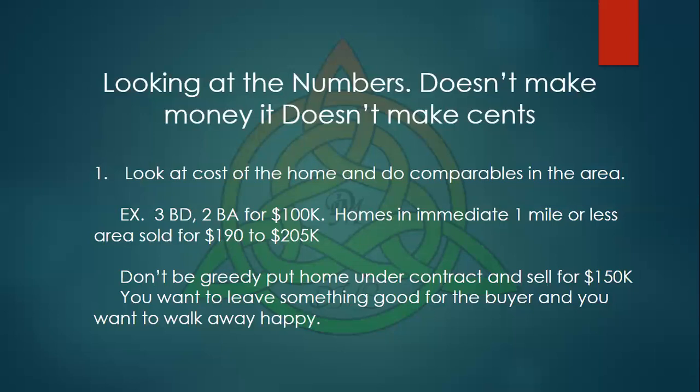And so we find that when we did our comparables in the area, and comparables are usually done, ladies and gentlemen, within a 1 mile or less area of the particular target home that you're looking at. And what we're looking at is the last current sale that happened within the last 12 months.